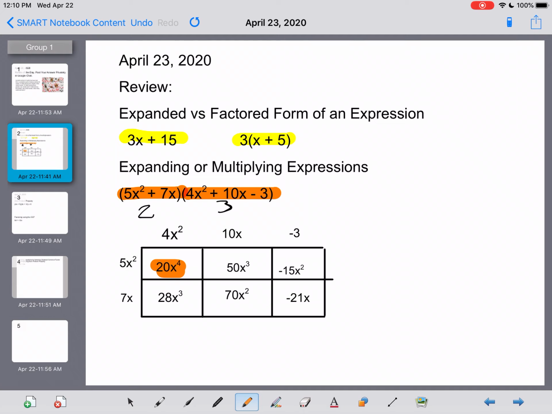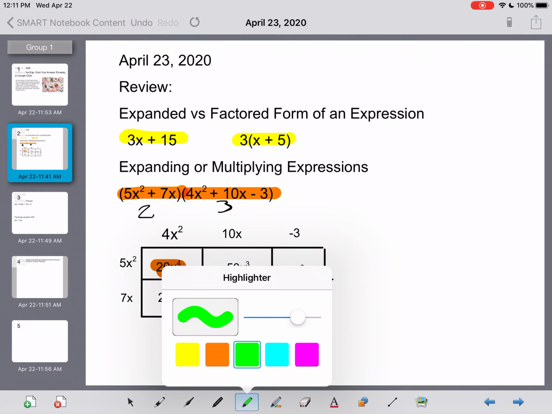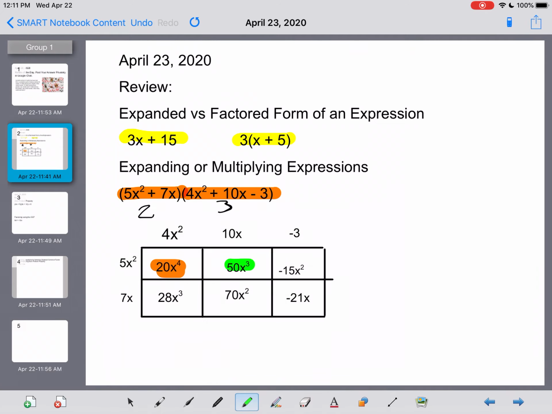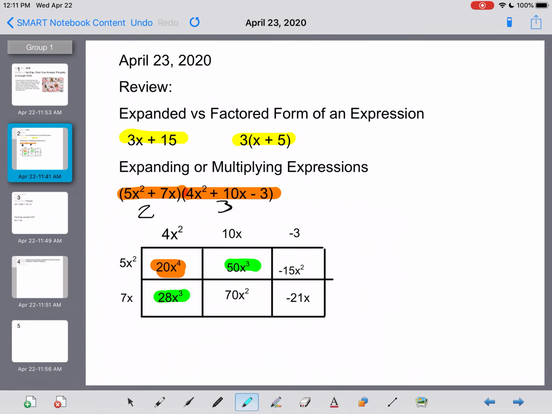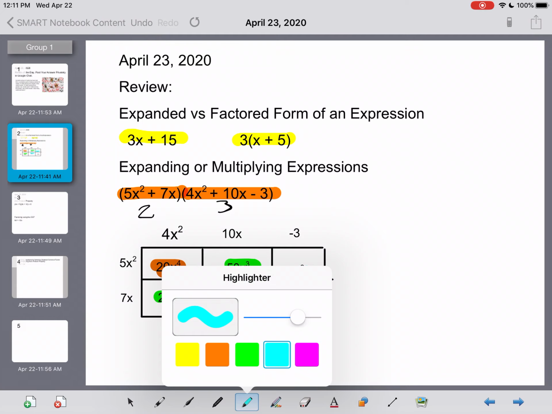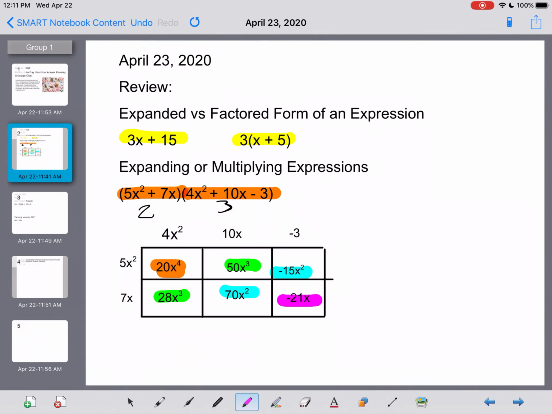And then notice this, we're going to have some like terms here, because now we have to combine or add together all the parts inside the expansion boxes. So I'm noticing my like terms. And this one over here is not a like term. Okay, so now I'm just going to combine like terms by adding all my pieces.